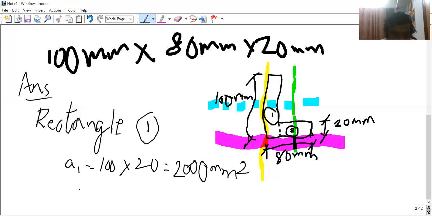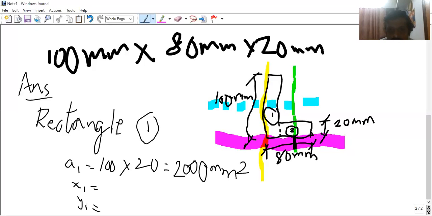Then for this particular rectangle we have x1 and y1. For x1, listen carefully. With respect to this y-axis we take the reference for x1 and we move to the right.